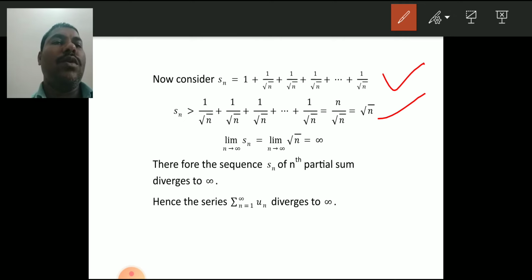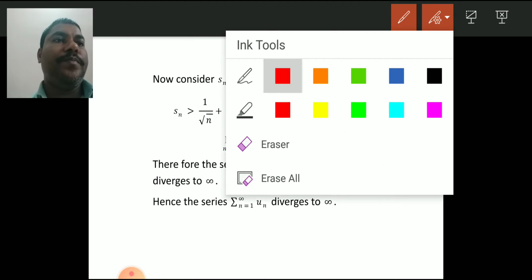So apply the limit on both sides. Limit of Sn as n tends to infinity is equal to limit of root n as n tends to infinity, that is equal to infinity. Therefore the sequence Sn of nth partial sums diverges to infinity. Hence the series summation n equals 1 to infinity un diverges to infinity.